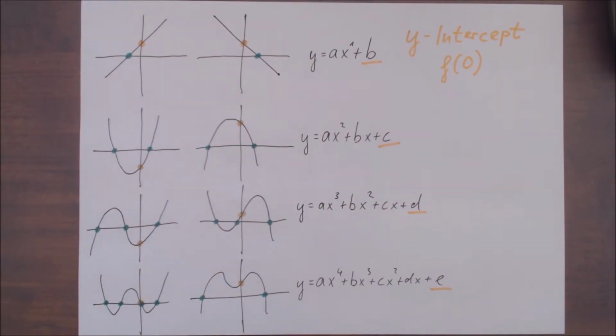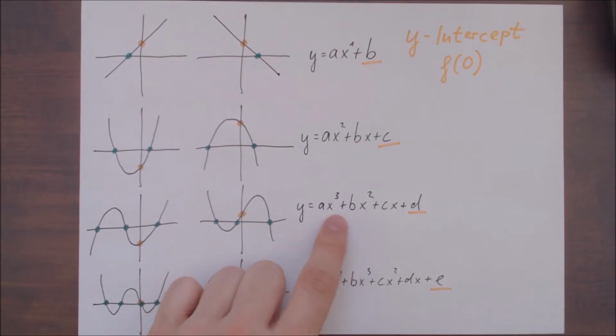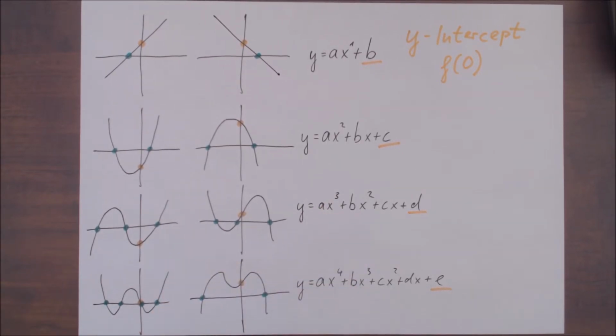So the maximum amount of roots that a fourth-degree polynomial has is 4. So, and that makes clear that the maximum amount of roots is equal to the degree of the function. If the degree of the function is 3, like this, the highest exponent is 3, then the maximum amount of roots is also 3.